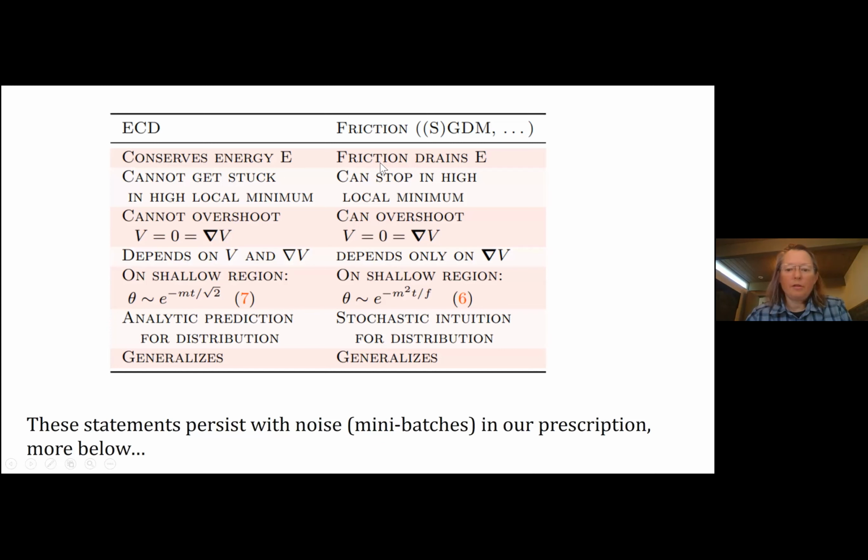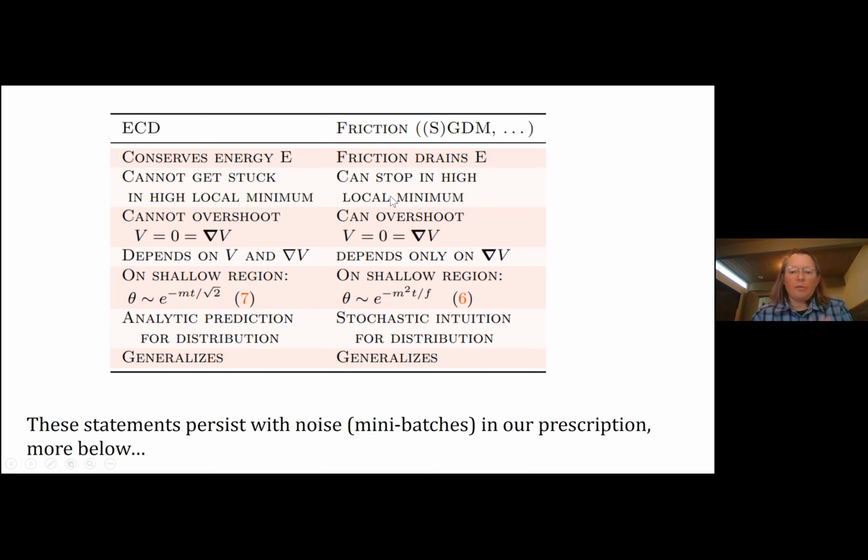The way that gradient descent gets to a nice minimum is through its stochastic behavior, letting it sample, letting it go around and find different parts of the landscape. And at the same time, the phase space is contracting. So if you get the right balance between those two things, it finds a nice minimum through a combination of the friction and the stochastic evolution.